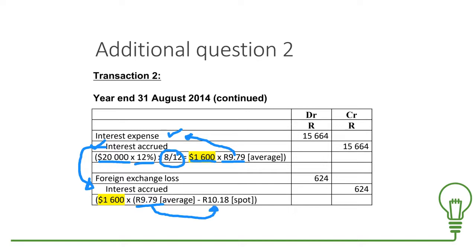As you can see, it's getting bigger, and when the creditor gets bigger, it's a loss. So we debit the loss and credit the liability, and our amount is 624 Rand.